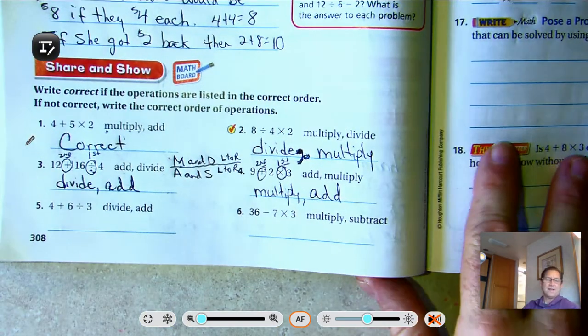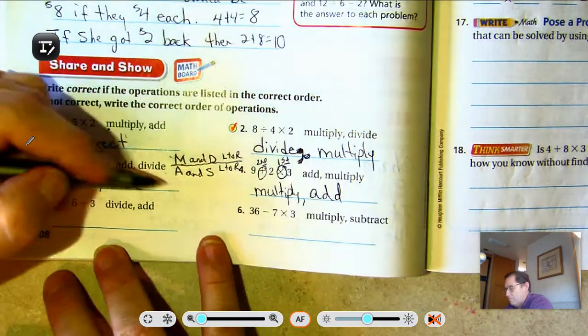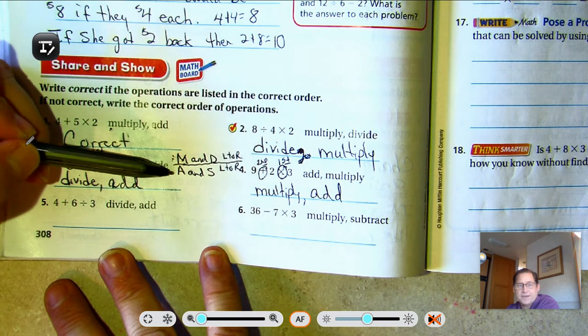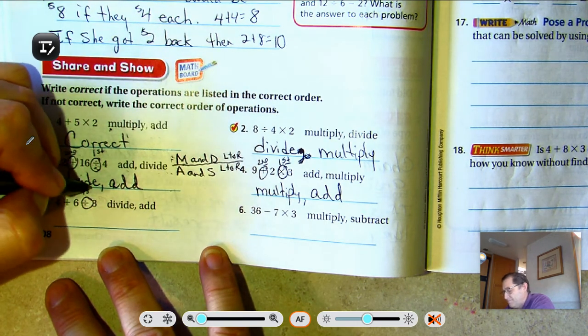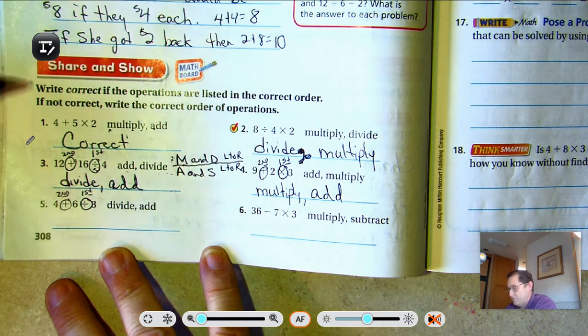In the next one, we have addition and division. Multiplication and division comes first, followed by addition and subtraction. So division should be first, then add second. So this one's correct.